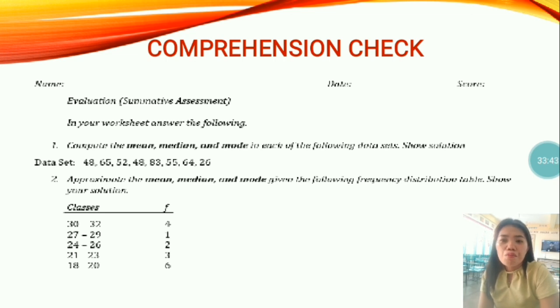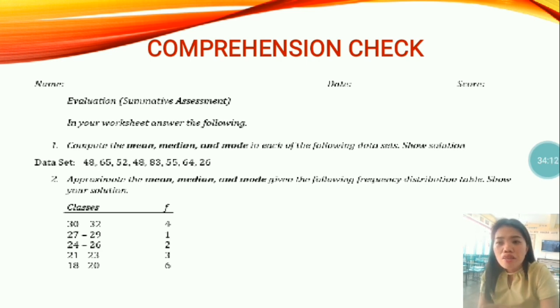So we have number 1, compute the mean, median, and mode in each of the following data sets. Show solution. Here we're just going to use one data set and you will be solving for the 3 measures of central tendency, that is mean, median, and mode.